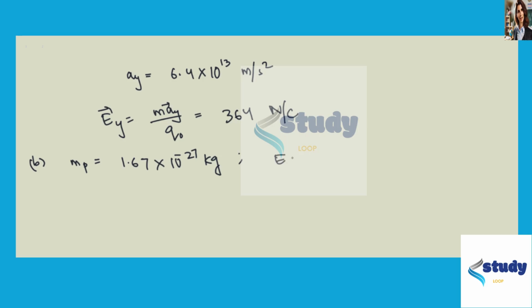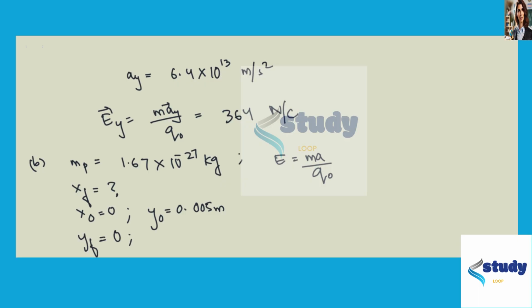So electric field is equal to m a over the charge of the proton, and in this case xf is unknown. X naught is as usual 0, y naught is 0.005 meter, and yf is 0 as well. V naught x is vfx because there is no acceleration in the horizontal direction.